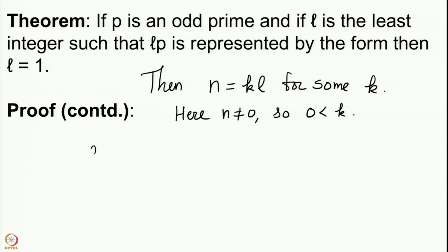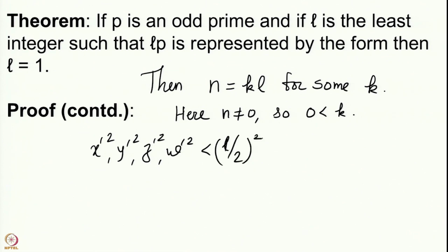Further we have that each of the x prime square, y prime square, z prime square and w prime square is less than L by 2 square. Remember, L is odd, so L by 2 is not an integer. So each of the x prime, y prime, z prime, w prime will have to be strictly less than L by 2 and so their squares are less than L by 2 square, which would mean that their sum is less than 4 times L by 2 whole square, which is L square.